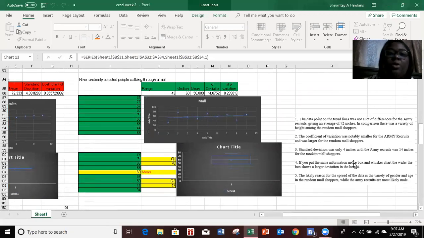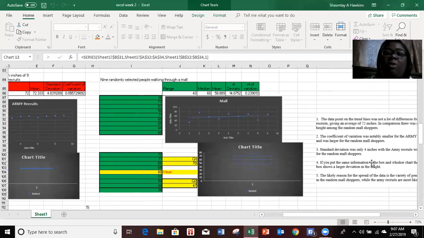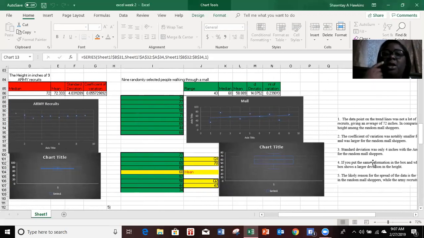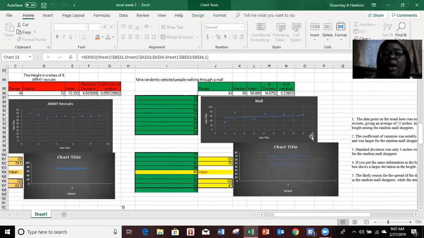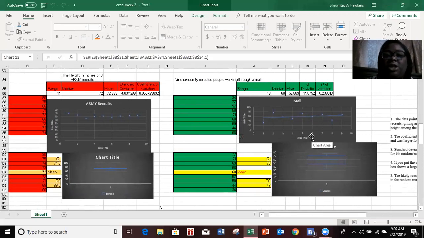And normally, the reason that the Army is a little bit higher is because it's mainly men that join the Army. And for the random shoppers, you tend to have all different types of ages and sizes, because it's a mall. And that's why it's a little off. But as you can see here, it's not that much off from the random mall shoppers.